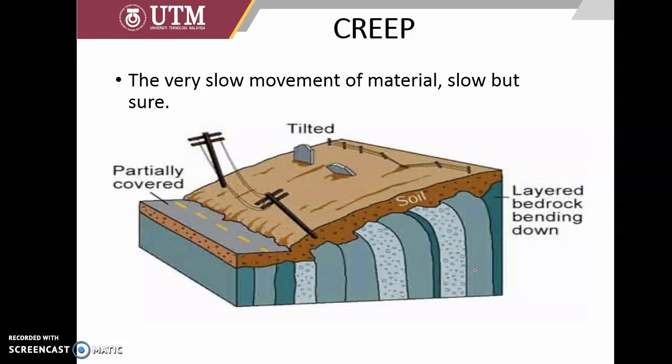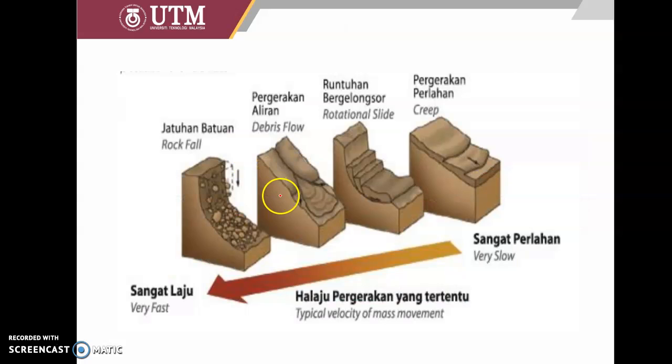And creep. The creep has a very slow movement. It is slow but surely happens. So when we start to see any tilting of the building or of things, that is the sign of slope failure.